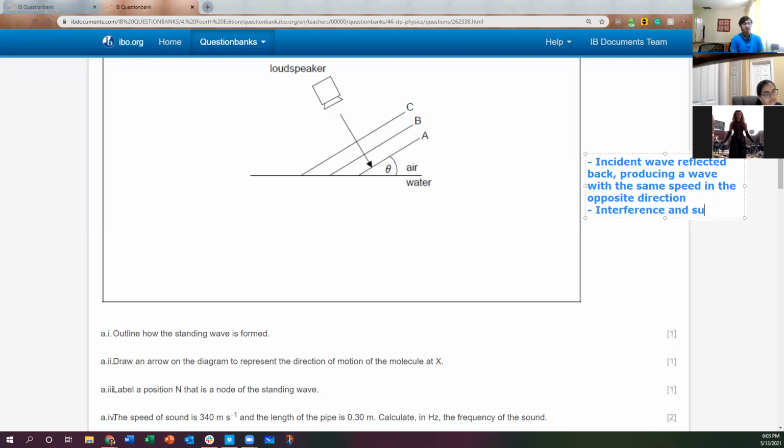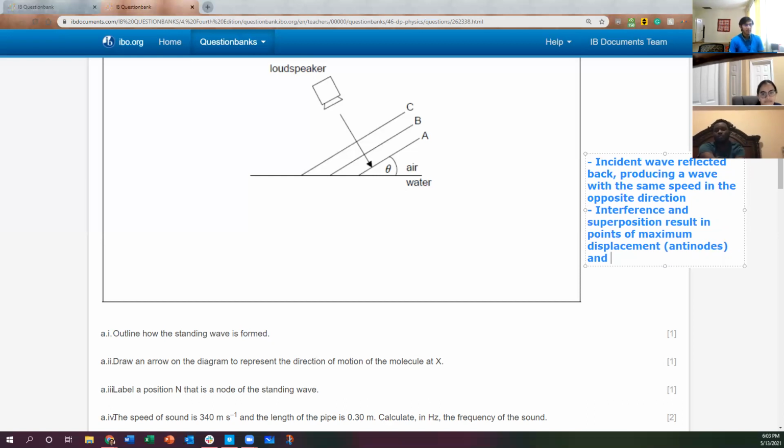Interference and superposition result in points of maximum displacement, which would be what? Antinodes. Yep, exactly, antinodes. And points of minimum displacement, which are nodes.